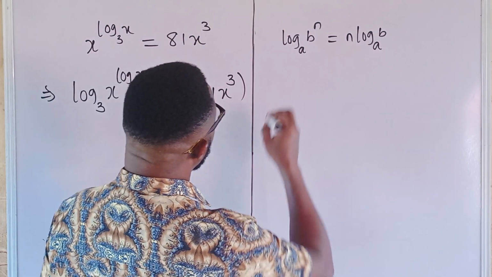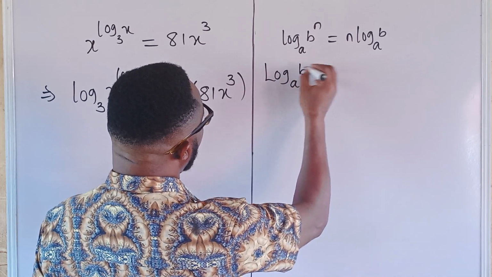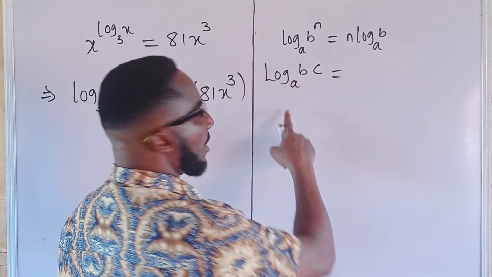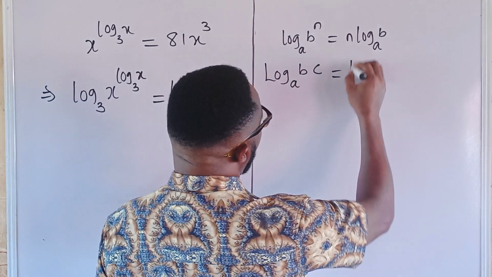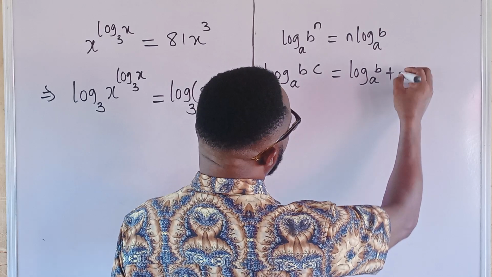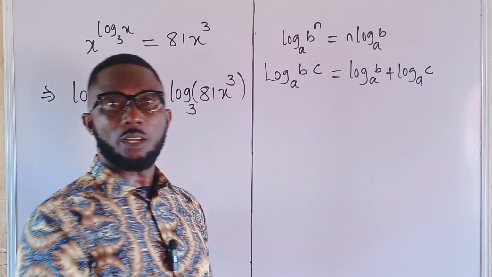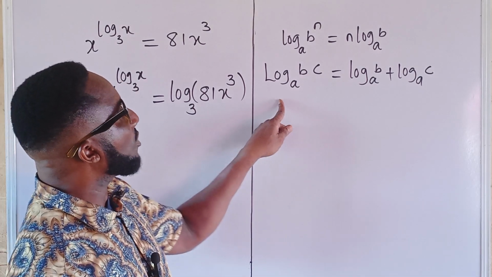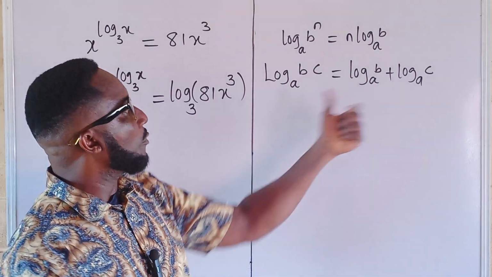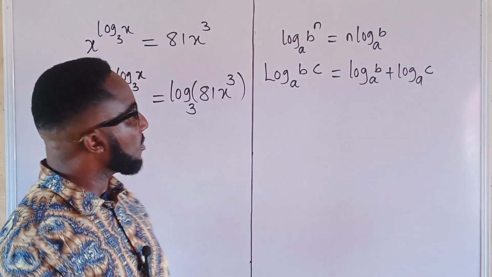Also from the product rule, if I have log to the base of a of the argument b multiply c, I can actually split this. That becomes log to the base of a of the argument b plus log to the base of a of the argument c. Hence, I call this rule the product / the addition rule. If you start with product, you end with addition. If you start with addition, you end with product.